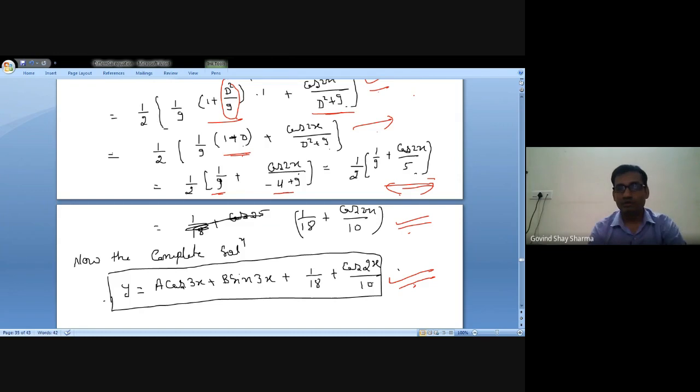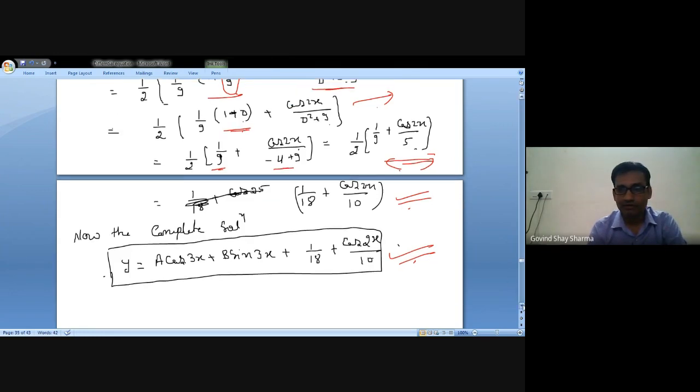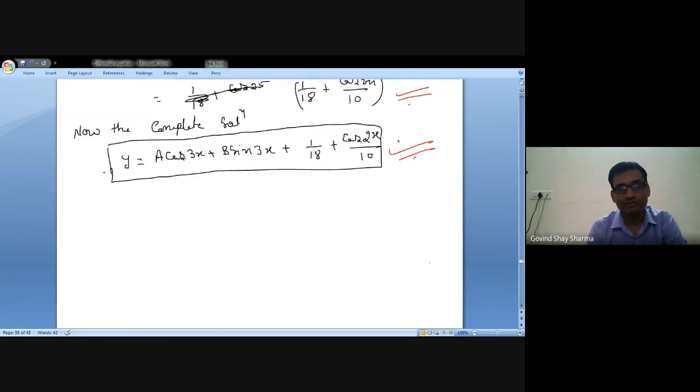Okay, students. Now you have some practice on this basis: D square plus 2D plus 1 y is equal to cos square x. You should try this.